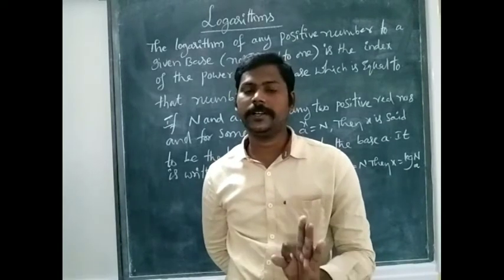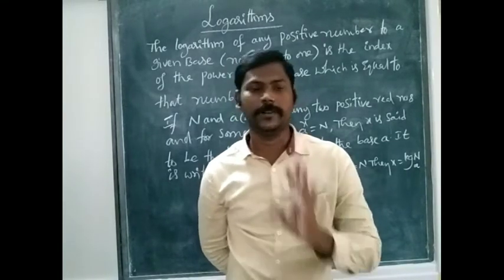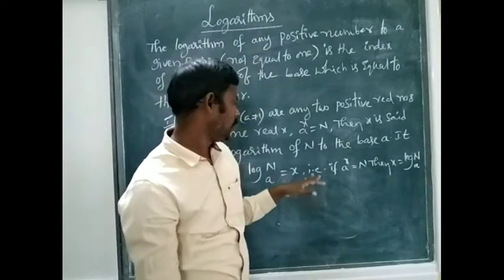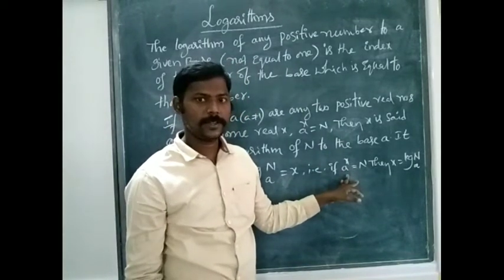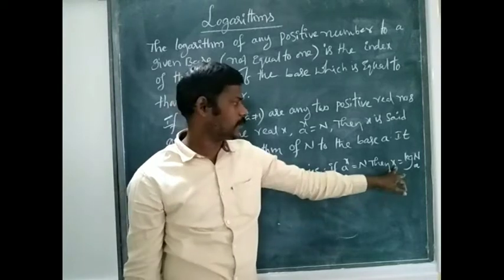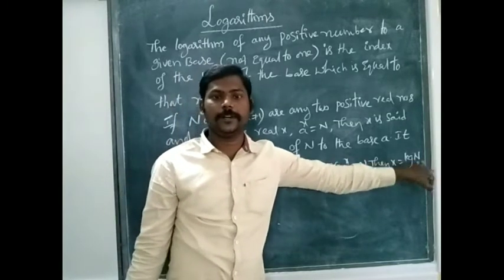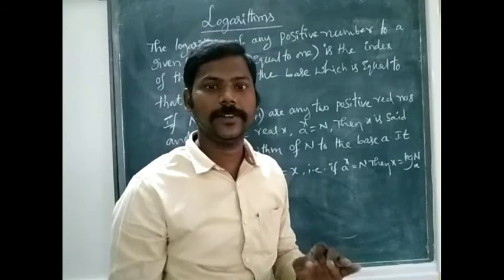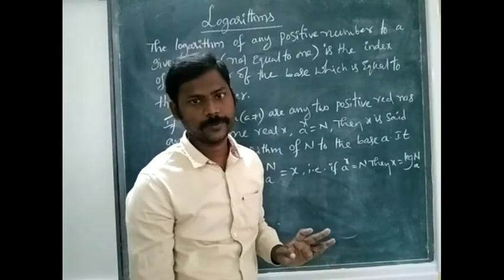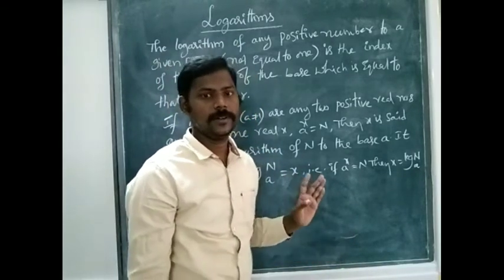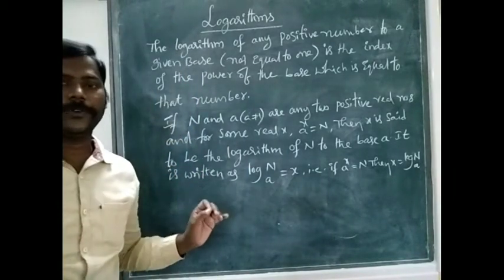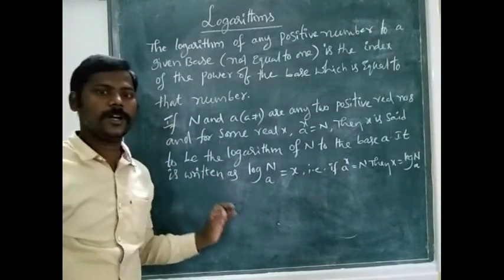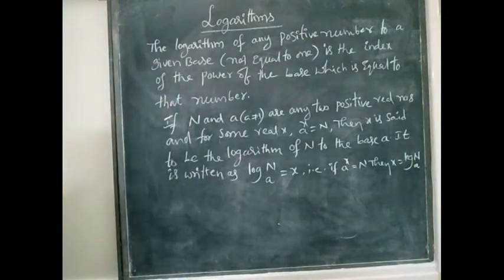And the condition: a not equal to 1. For example, if a power x equal to n, then x is called the logarithm of n to the base a. It is the very simplest manner. Understood, children? Okay. I will explain with examples. First of all, note it down in your running notebook.